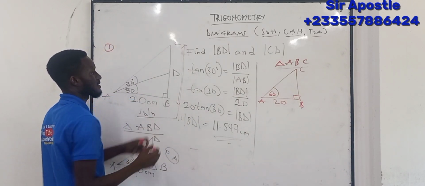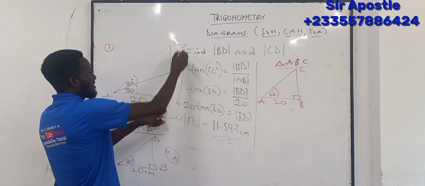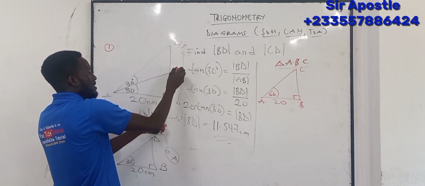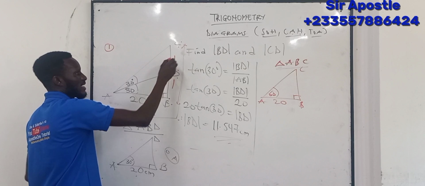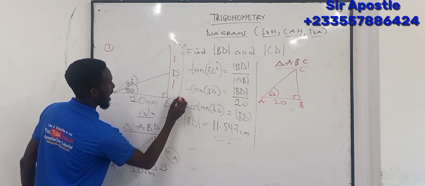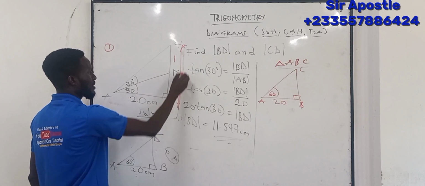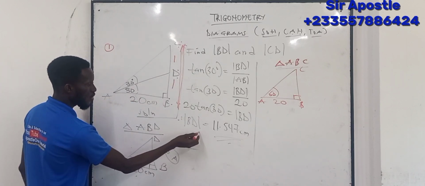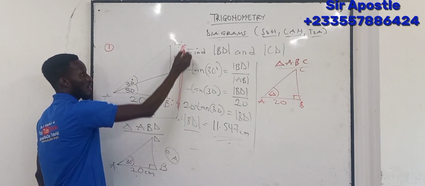Now I can solve for BC. And you know that we are looking for CD, that is here. But BC is the addition of what? CD and then BD. When we add here and here, that is when we get from here up to here. That is BC. So if we are able to solve for BC, and then we know BD already, we can subtract BD from the bigger one.